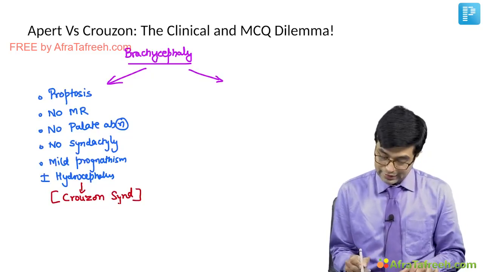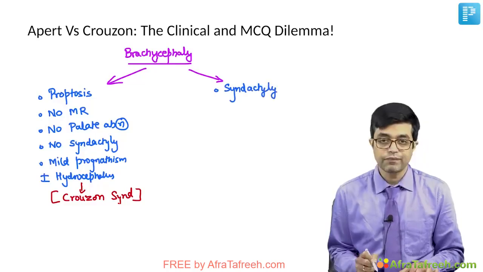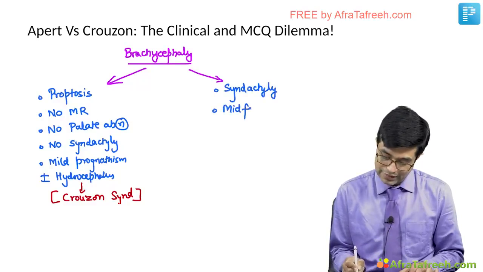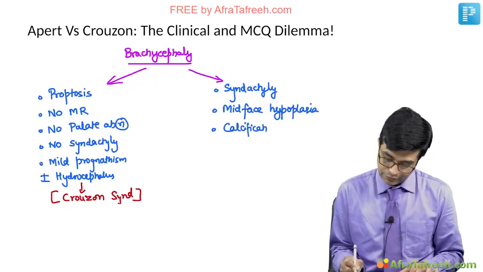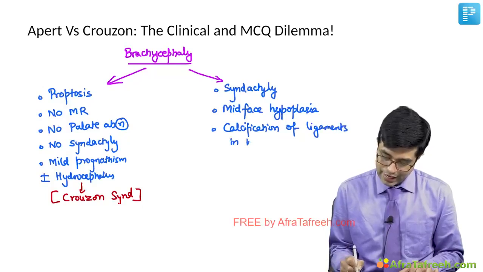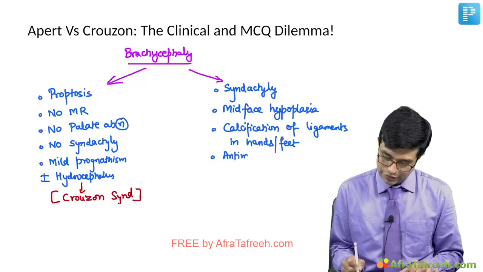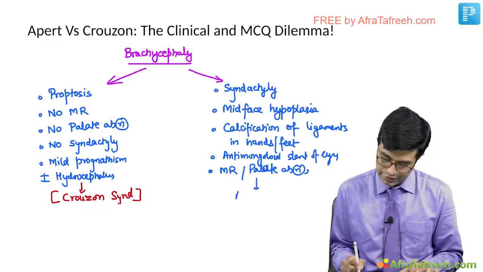However, if the question says the child is having syndactyly, the child is having mid-face hypoplasia, the child is having calcification of ligaments involved in hands and feet, and the child is having anti-mongoloid slant of eyes, or the child is having mental retardation or palatal abnormalities, then you would think of the diagnosis being Apert syndrome.